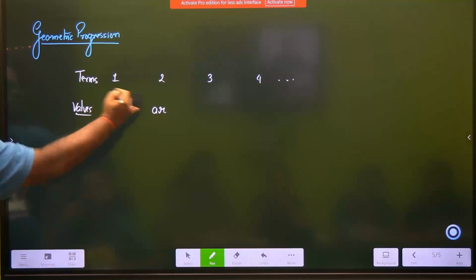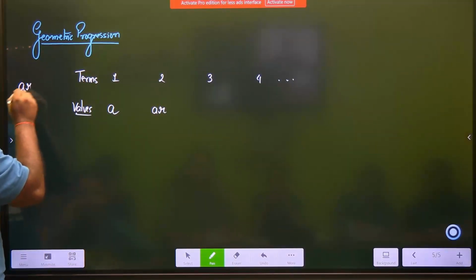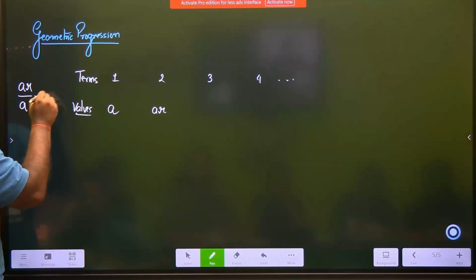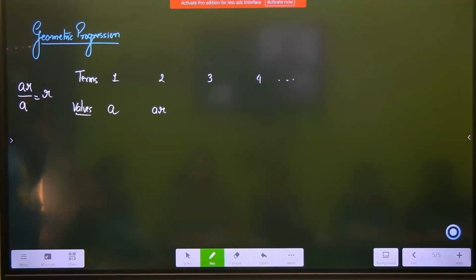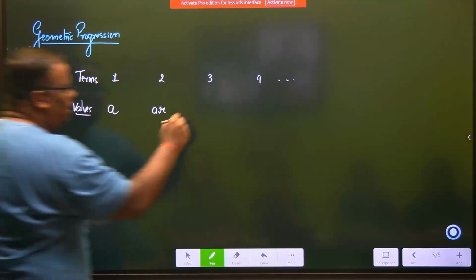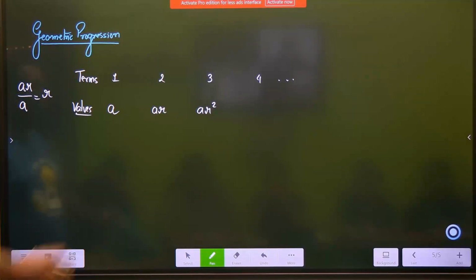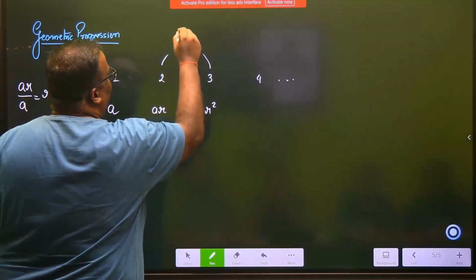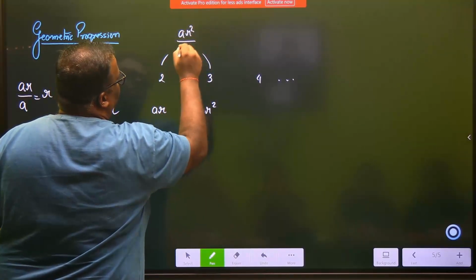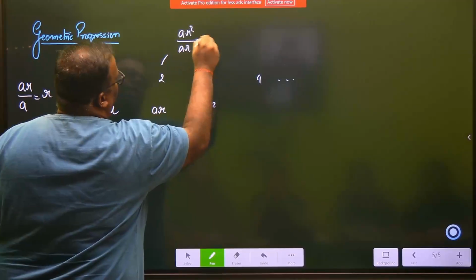So what is the ratio between the two? ar by a, which is equal to r. Did you understand? This ratio will be common. So my next term will be ar square. If you now see the ratio, ar square divided by ar is r.